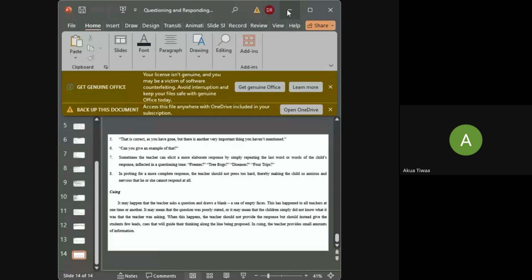Okay, so that at least we can look at it. So the sub-strand is this one. We are looking at the bank reconciliation statement. And then the content standard, what do you want? So the learner will demonstrate understanding of the need for reconciling bank records with cash book balances.